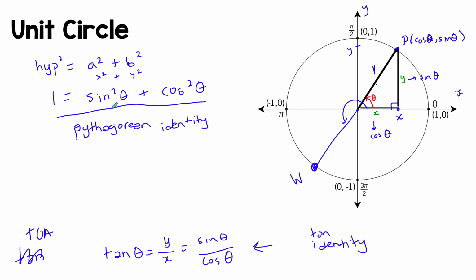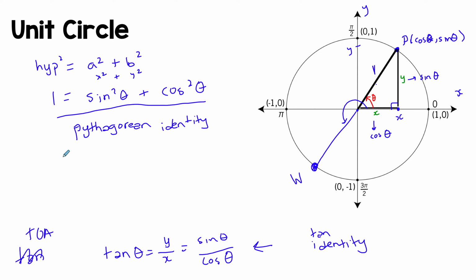So the Pythagorean identity obviously comes from Pythagoras' theorem, and it is a very important identity, and we use it to establish other identities as well. Again, it tells you 1 is exactly equivalent to this, and it comes from the unit circle, it comes from this property. And we tend to rewrite this and use this when we solve trigonometric equations.